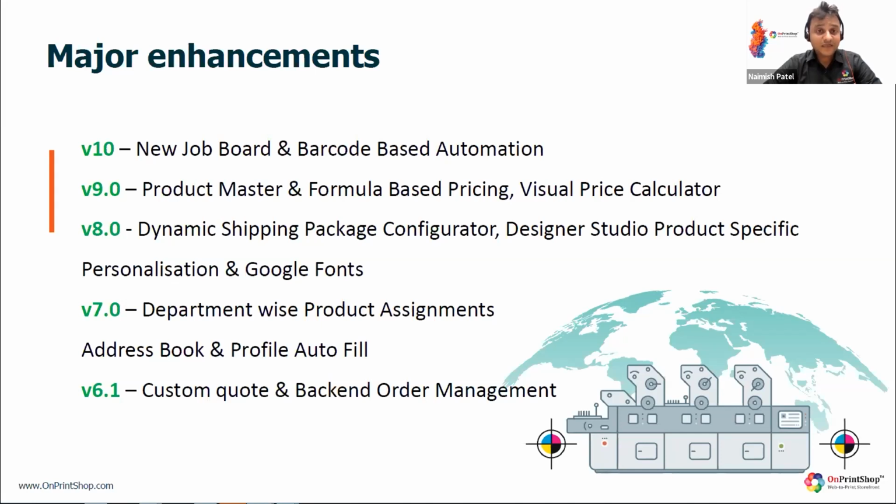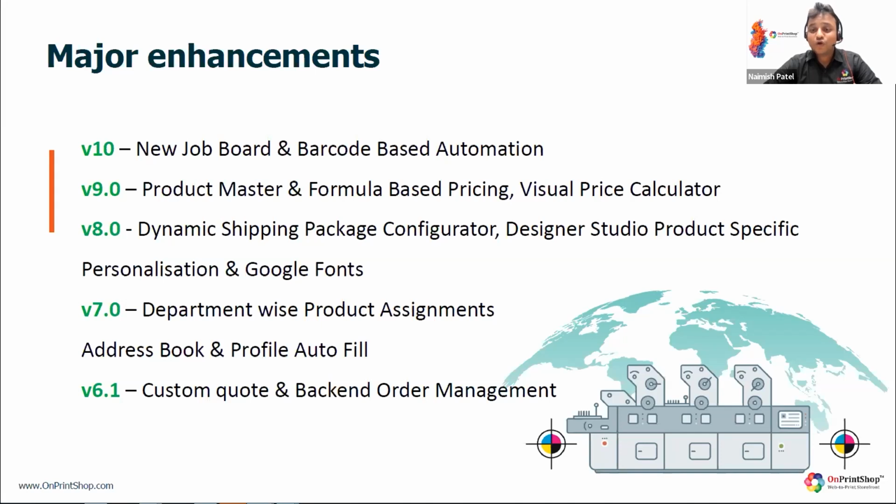In V8, we focused on how we can improve the shipping. We have customer feedback that our shipping calculation is almost up to the mark, or 99% accurate, when they compare their monthly charges with the shipping companies. Because one of the key challenges for print providers, especially wide format and custom packaging providers, even commercial printing, is that some of your packaging is too complicated.